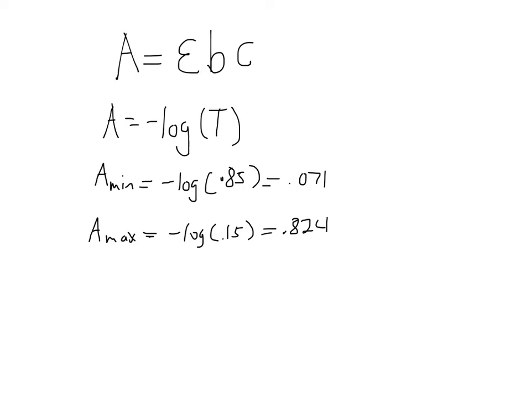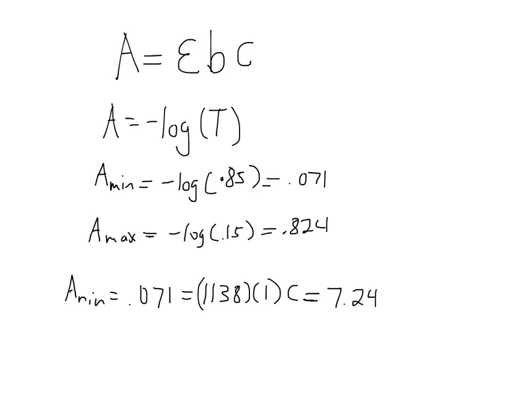So now we can plug those absorbance values into the Beer's law equation. We know epsilon is 1138. The path length is just 1 centimeter. And then we'll solve for C. In this case, C for the lower absorbance is 7.24 times 10 to the negative 4th molar.